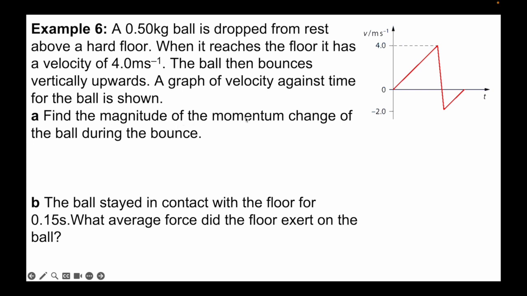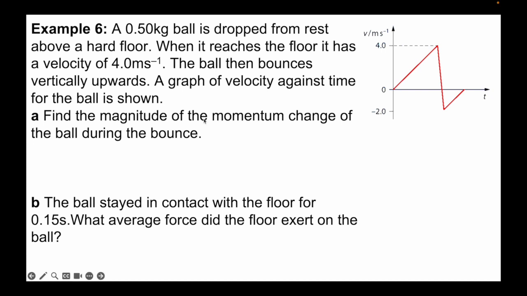Find the magnitude of the momentum change of the ball during the bounce. And then part B says the ball stayed in contact with the floor for 0.15 seconds. What average force did the floor exert on the ball? We're looking at forces again. Go ahead and pause it and come back for the answer.